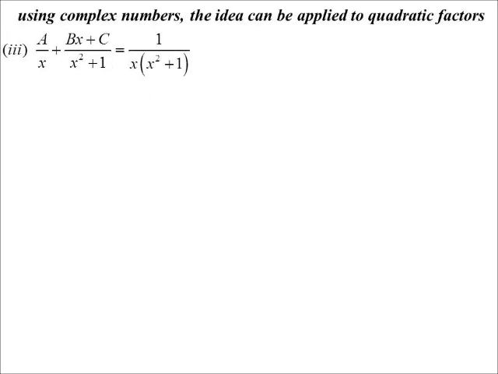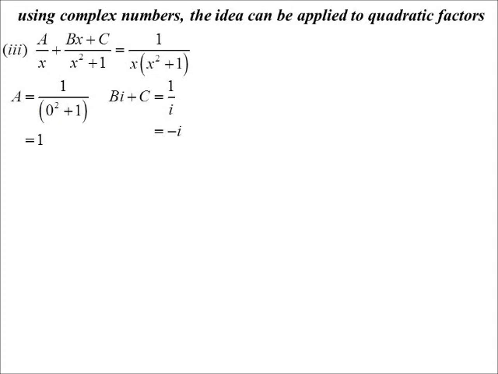Well, everyone says the cover-up method you can only use for linear factors. I'm going to call them out on that one because, again, why? We know complex numbers. So you could apply this to quadratic factors as well. A over x, cover up the x, we get the 1. Now, the x squared plus 1, if I cover it up, what do I substitute in?